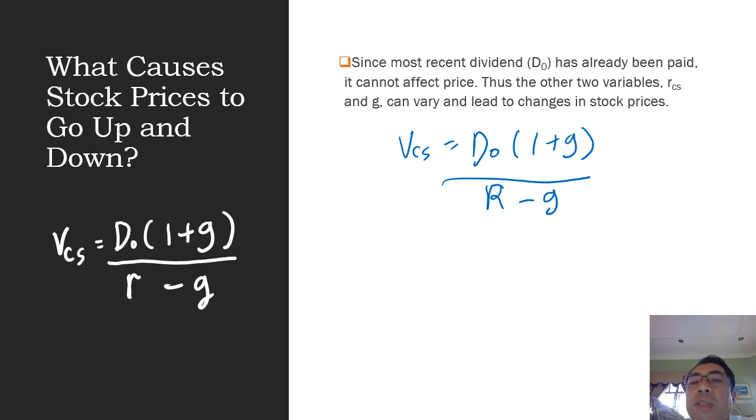Since the most recent dividend has already been paid, it cannot affect price. Thus there are two variables, r, the rate of return, and g, that will lead to changes in the stock price.